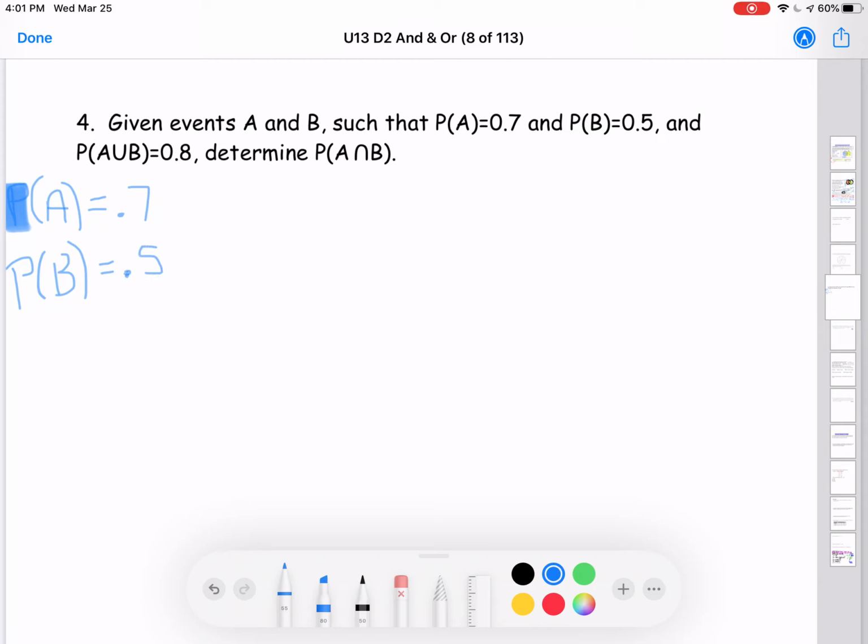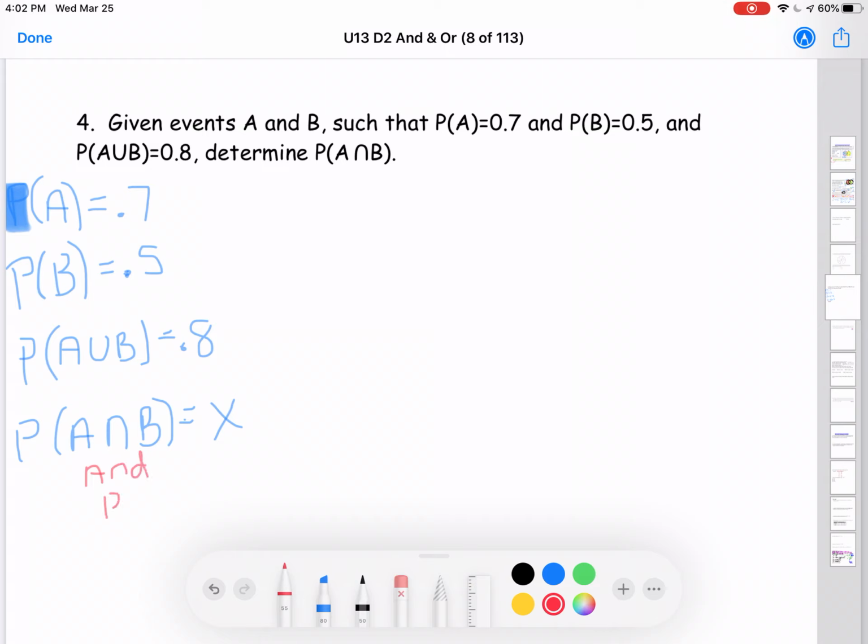And the probability of A union B, so that's or, is 0.8. And I want to find the probability of A and B. That's the one I want to find, so I'll name it X. And again, this is and right here. That's both. And this one is or.